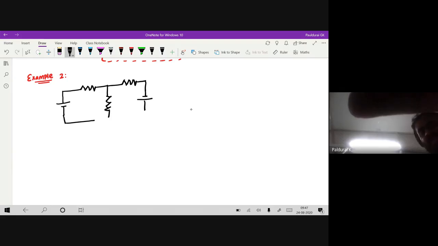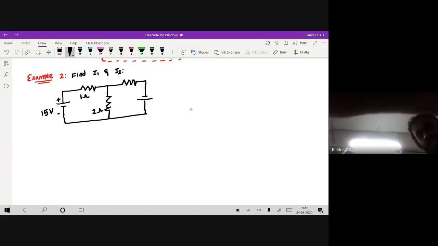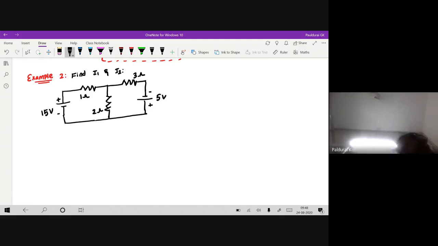Just develop the equation alone. That is what is important to me. So now take this problem. Again the question: find I1 and I2. Do it by yourself.